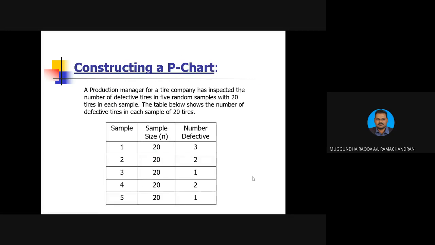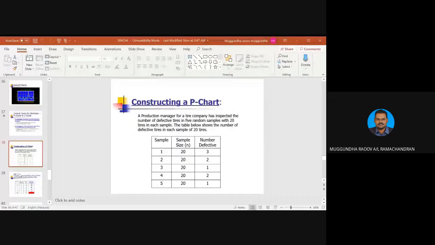Now let's plot the P chart. This is an example question for the P chart. A production manager for a tire company has inspected the number of defective tires in 5 random samples with 20 tires in each sample. The table below shows the number of defective tires in each sample of 20 tires.